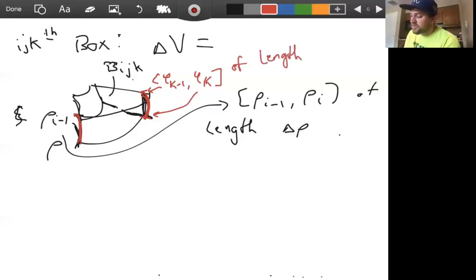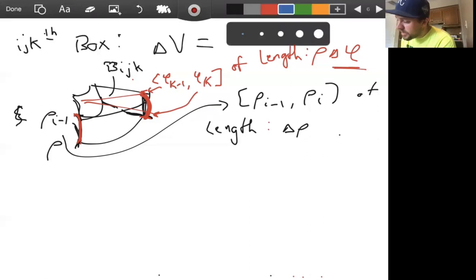Now, what's the length of this? This is actually curved. And so we need to use the fact that this is rho times the angle here. And what is this angle? Well, this angle is the change in phi. And so the length of this curved piece here is the radius times the angle that we've taken. And so that's rho delta phi.